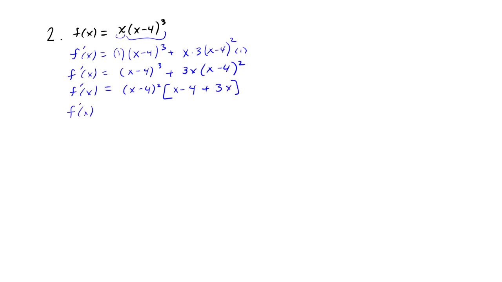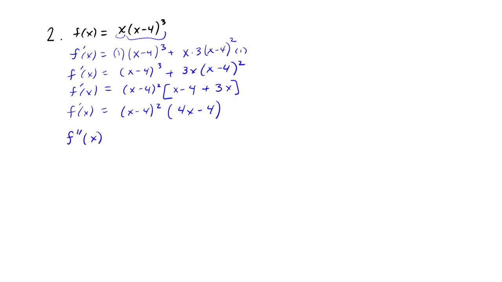So I get (x minus 4) squared times (4x minus 4). Okay. So now I could factor out a 4 from that second part, but I'm going to leave it for now as I go to my second derivative now.